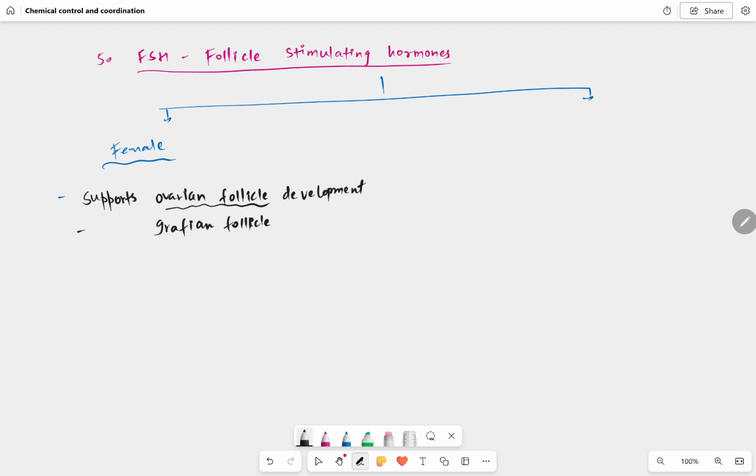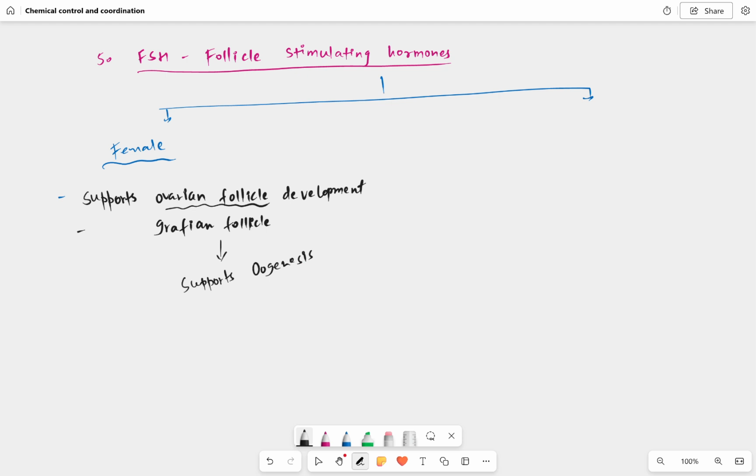Okay, so this FSH supports the Graafian follicle development. After development, the Graafian follicle matures and the egg is released. That is why we can say that this supports the oogenesis process.